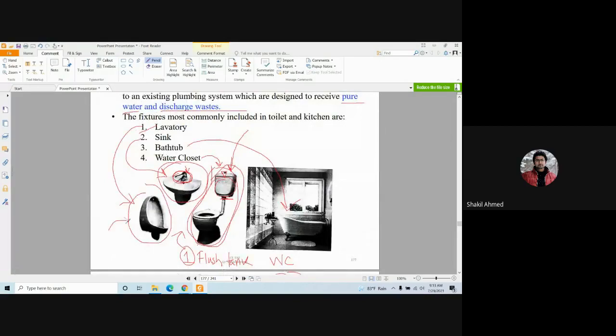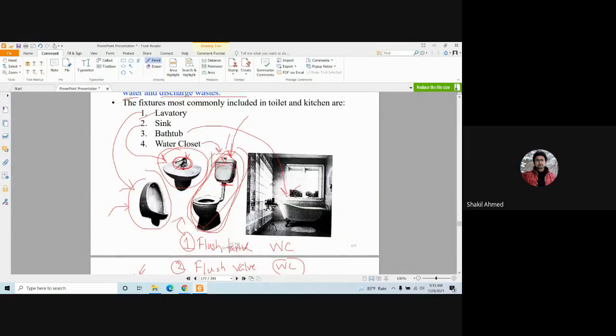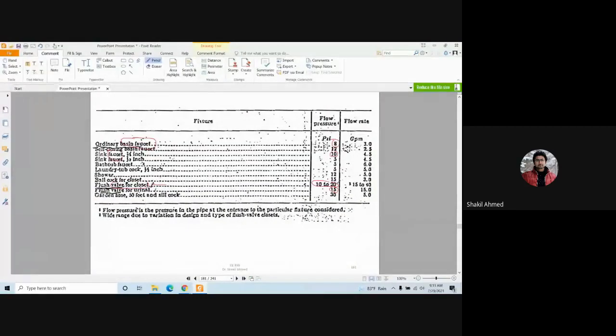It discharges only what, guys? Liquid portion. And the water closet discharges what? Liquid as well as solid portion. That's why it needs more pressure. Okay, as you can see, this is 10 to 20 and up to 20, and this is 15. Shower needs around 12 psi.